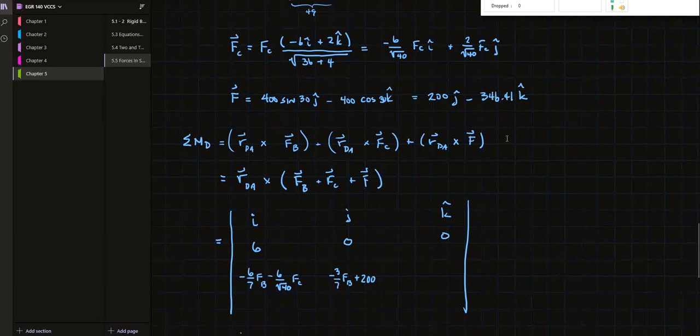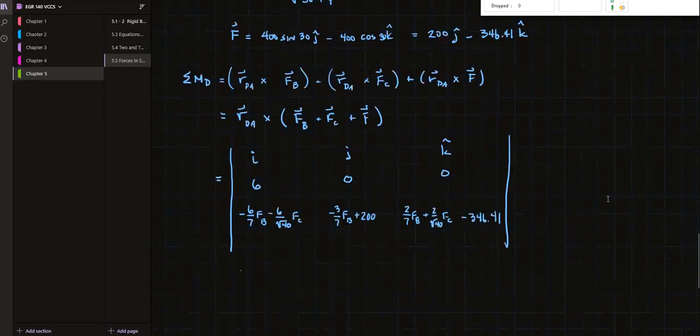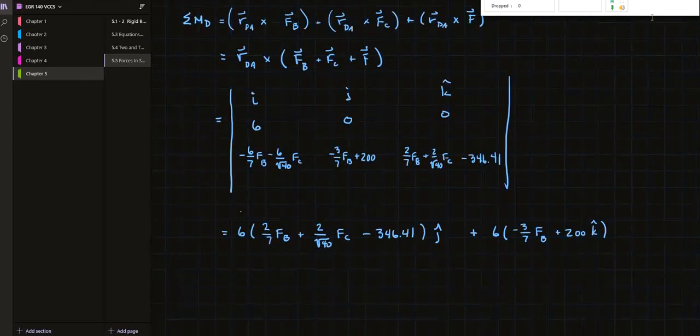It has 3 k values, and there we go. So we have a 6 here, and these zeros are going to help us out a lot. So the only terms we have to deal with are these values. Everything else just goes to 0.